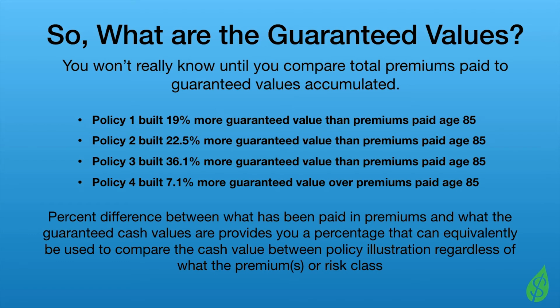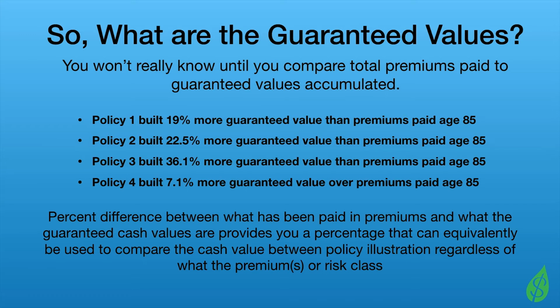Policy 3 was from a different company. It had 36% more guaranteed cash values than the premiums paid by age 85. And the fourth policy was from a completely different company, and it only had 7.1% more guaranteed values. Remember, guaranteed values are the only thing that is guaranteed by your insurance contract.